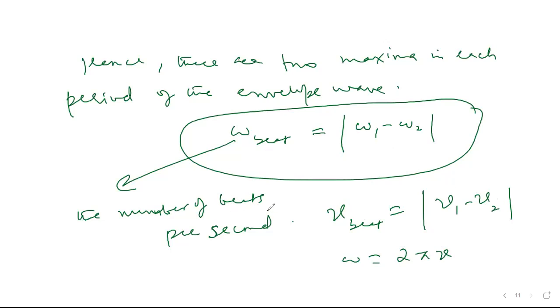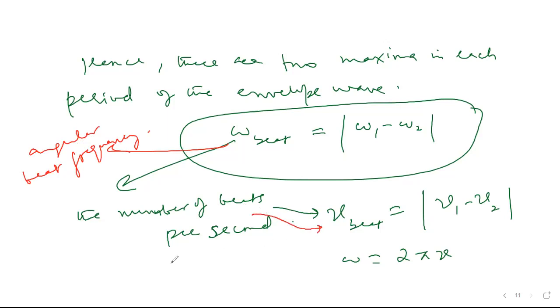So number of beats per second is actually nu beat. This is angular beat frequency. Number of beats per second or beat frequency is nu beat.